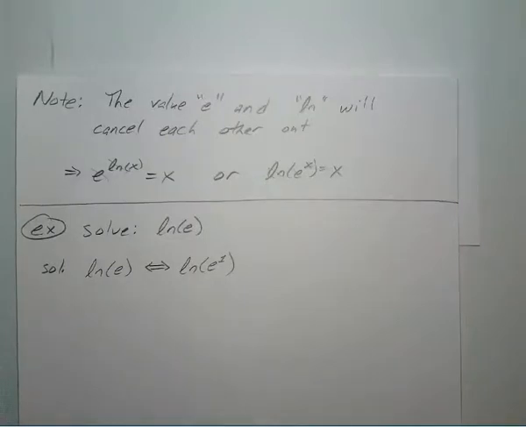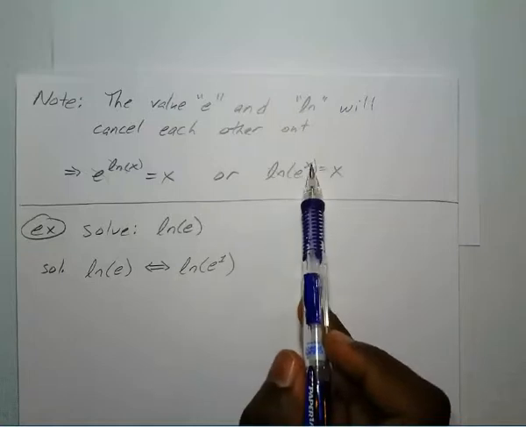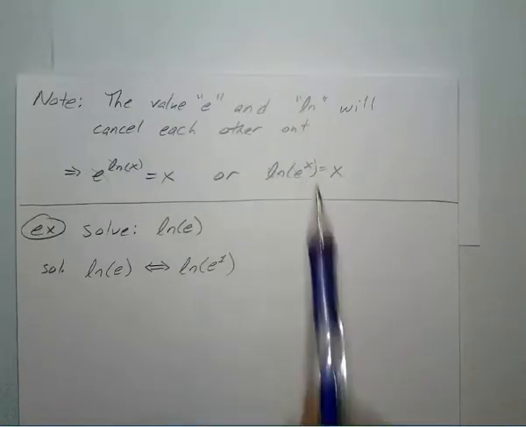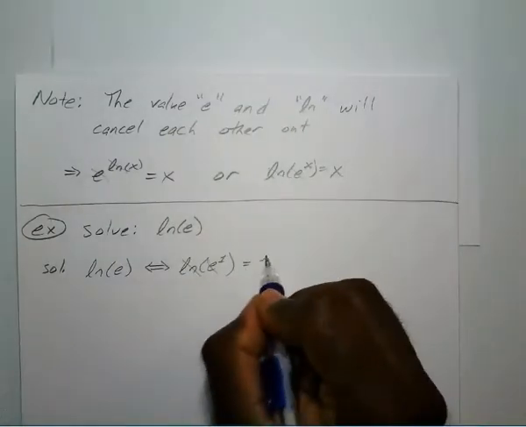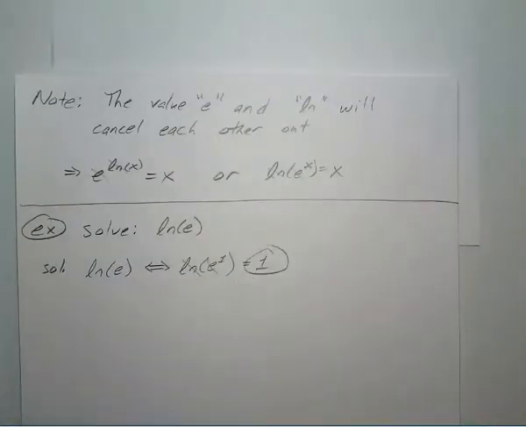So remember, from up here, natural log of e to the power of whatever, the natural log and the e will cancel each other out. So natural log of e is just equal to 1. And again, you can plug that into any calculator and it'll give you just 1.